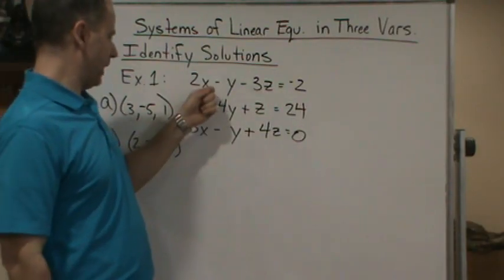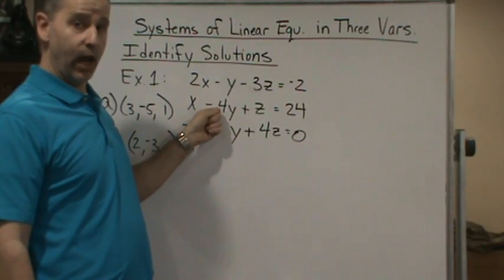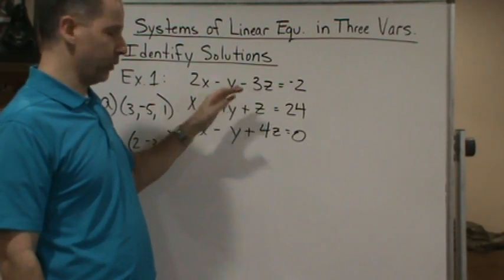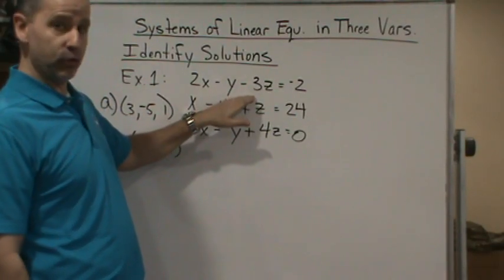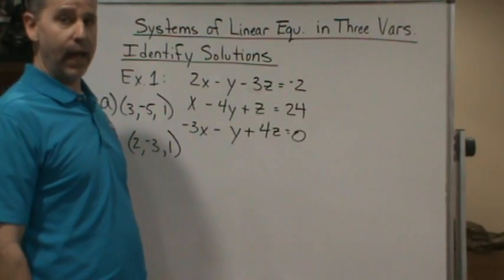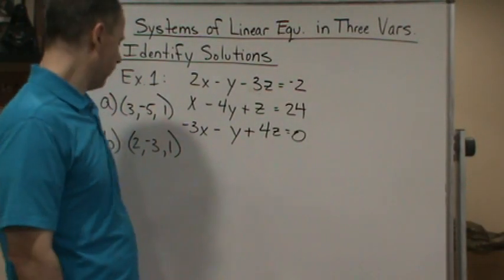As soon as we get an answer that is not true, we're done. If it happens with the first one, we don't have to check the other two, because if we get a contradiction here, it doesn't matter if the other two are true statements. Okay, so let's do that.